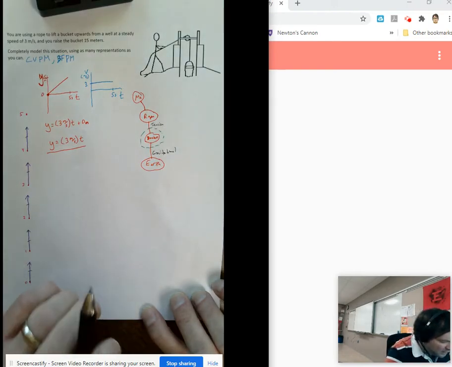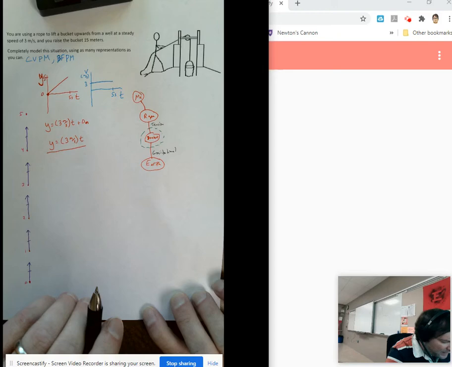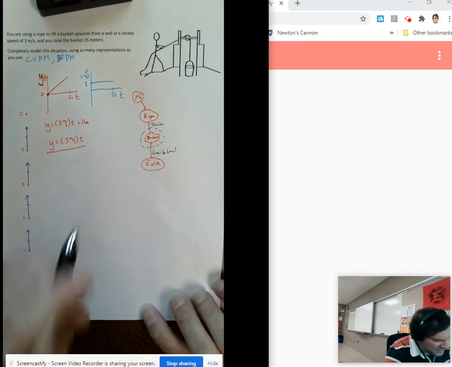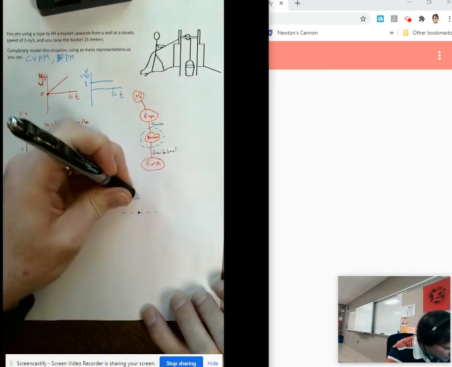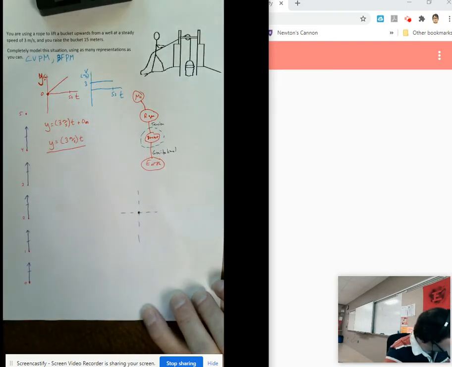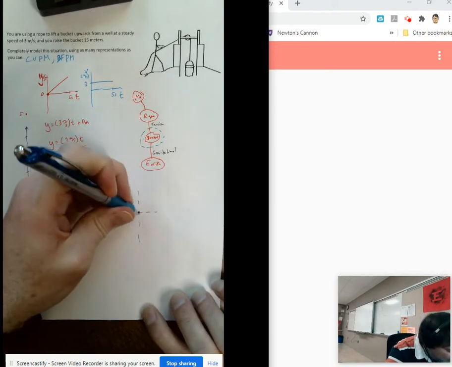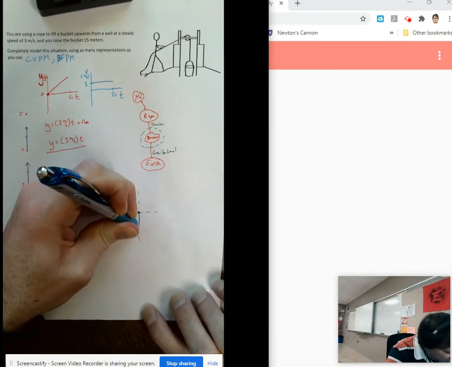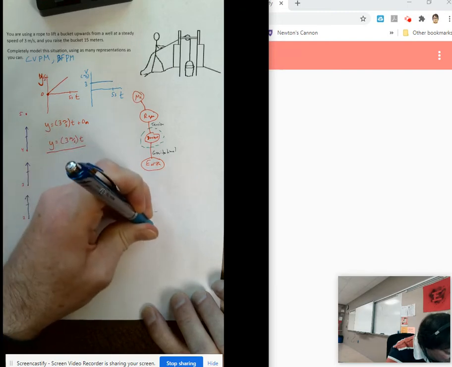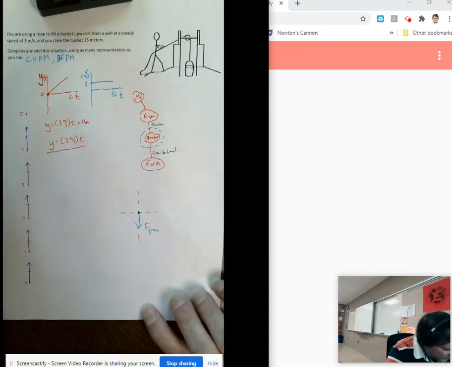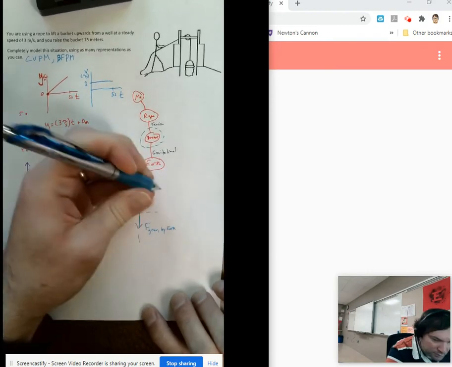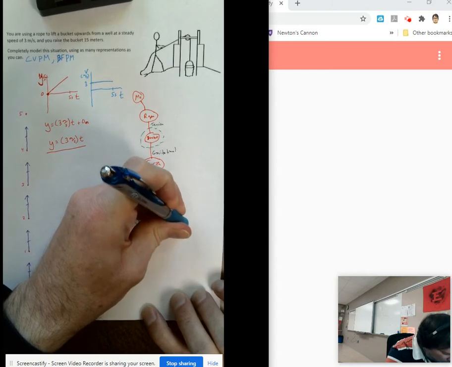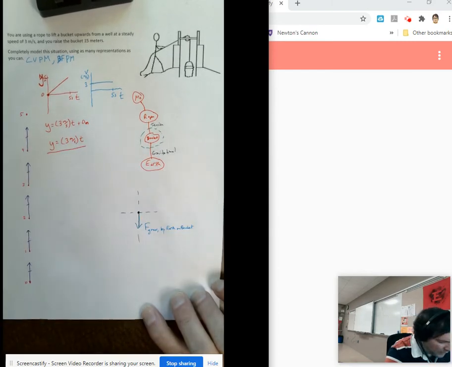So if I make a free body diagram for the bucket, then I should see two forces. On the bucket's free body diagram, there's going to be a gravitational force down by Earth on the bucket.